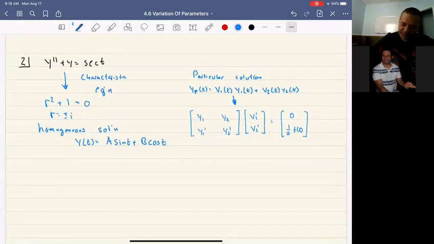So that means our matrix is going to be sine of t, cosine t.